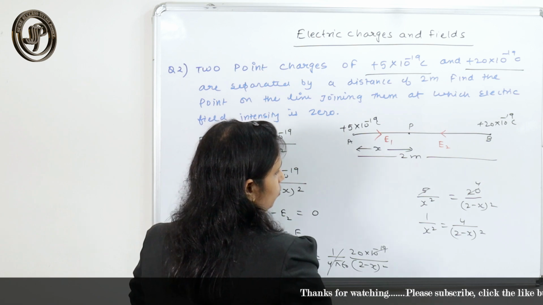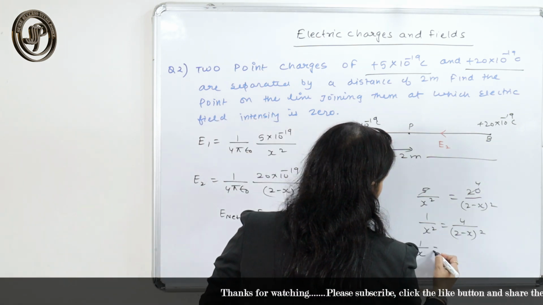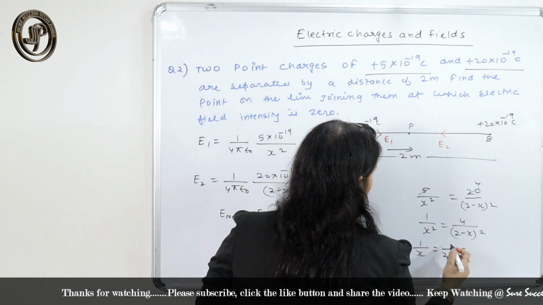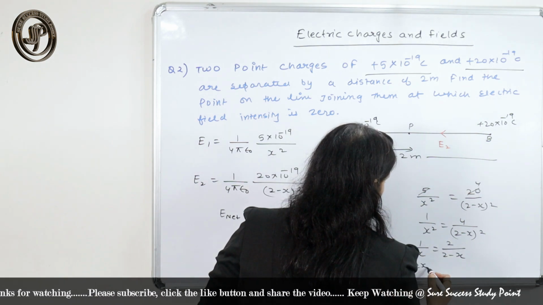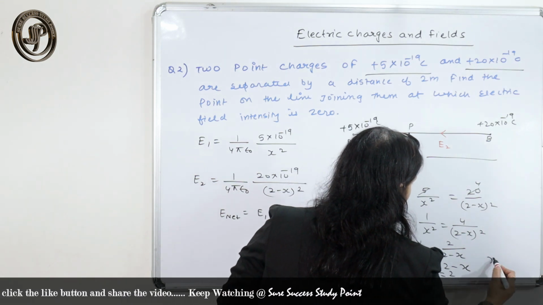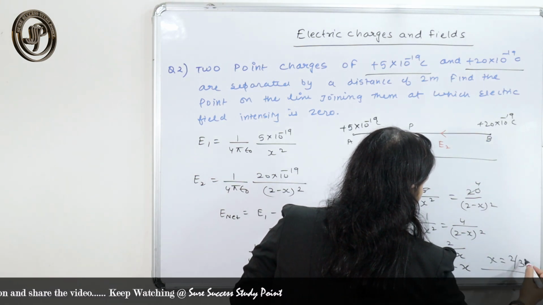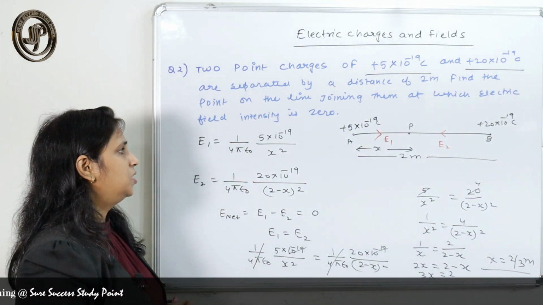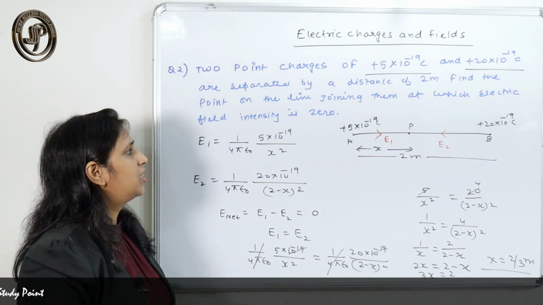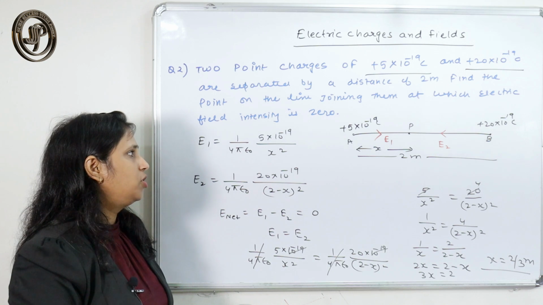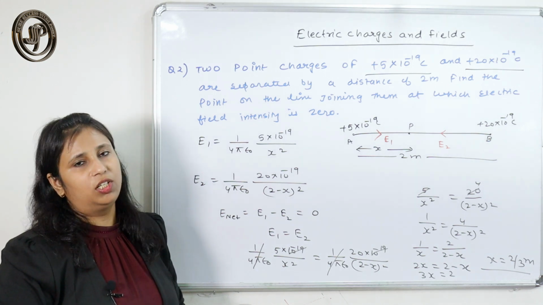If we take square root on both sides again, we will get 1 by x equals 2 upon 2 minus x. So, we will get 2x equals 2 minus x, or 3x is equals to 2, or x will be 2 by 3 meter. So, we can say that the net electric field will be 0 at point P, which is at a distance 2 by 3 meter from the charge 5 into 10 raised to power minus 19 coulomb.